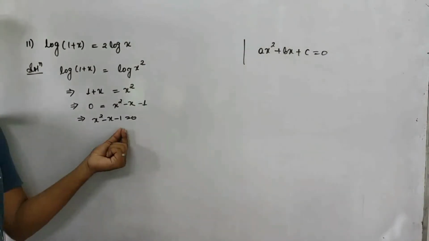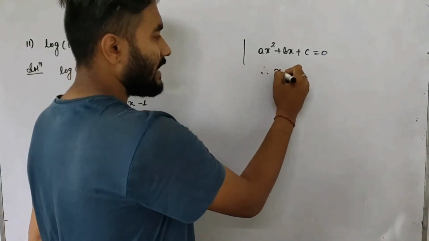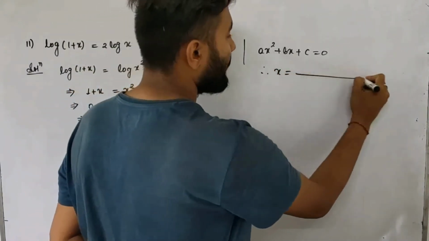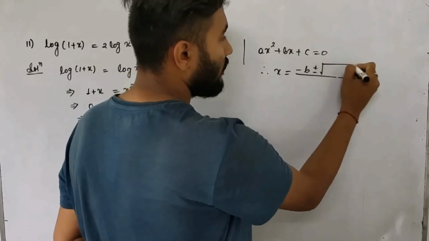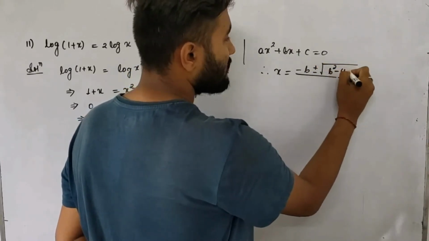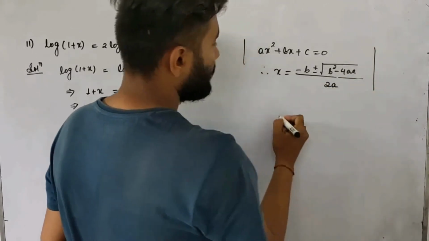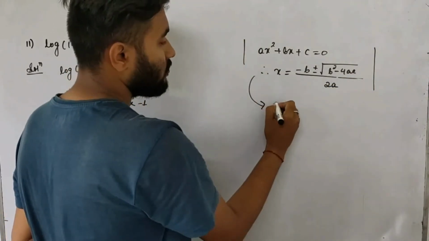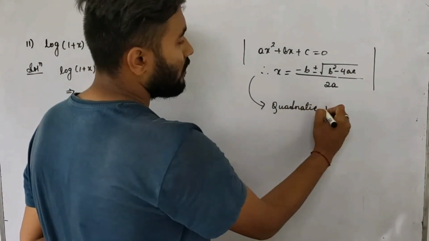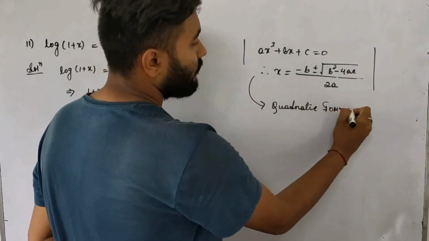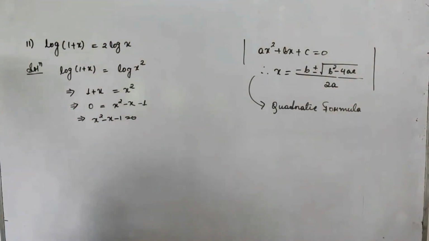Then how do we find x directly? x will be equal to minus b plus minus root over b square minus 4ac, divided by 2a. This formula is known as the quadratic formula. Understood?